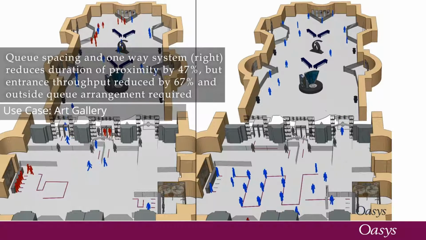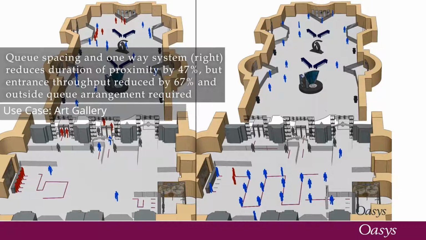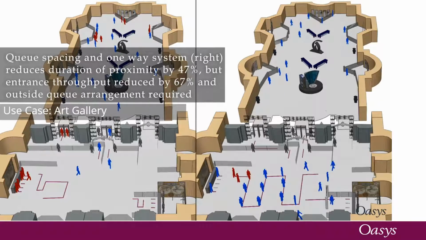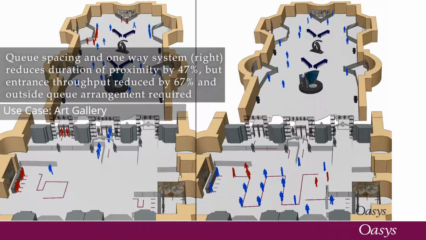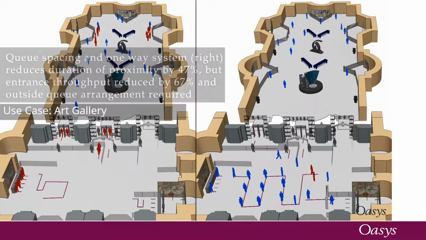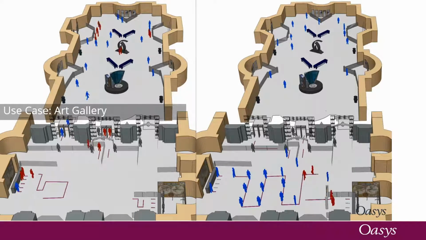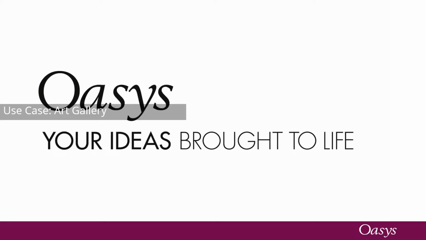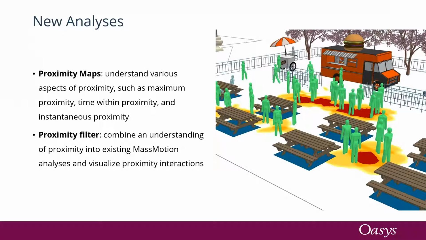What does this do, A, to your time within proximity, but B, what does it also do to the amount of people that you can hold within your facility, which has obvious impacts on things like how economically viable is your art gallery if you can only exist at 15% capacity? How viable is your theme park reopening if you have to institute a whole bunch of really significant operational layers, those sorts of things?